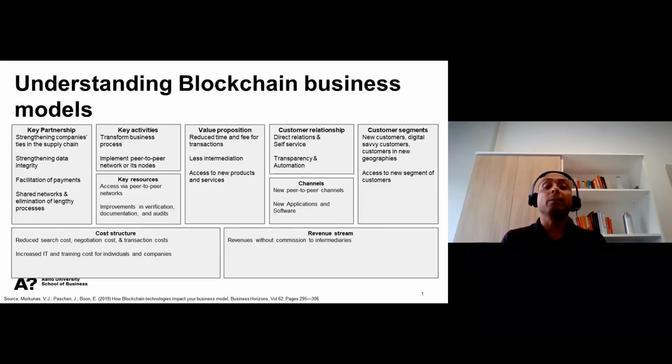The seventh element, customer segment, allows us to understand the type of customer or customer groups blockchain and distributed ledger technologies will enable a firm to access. Blockchain technology can provide access to global customers.